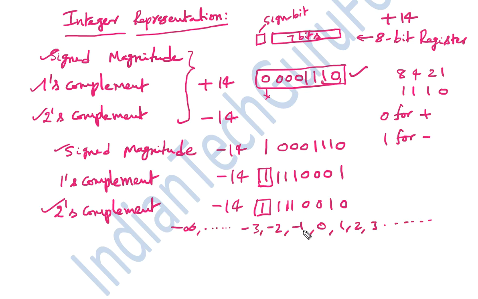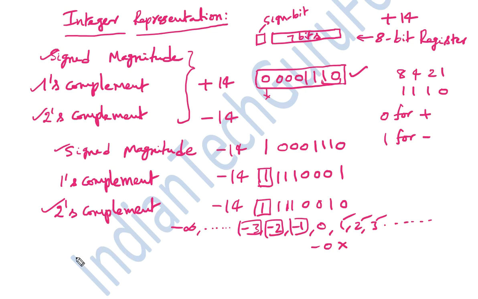If you observe, there is minus 1 and plus 1, minus 2 and plus 2, minus 3 and plus 3. However, there is no minus 0. Minus 0 is not valid. 0 will always be positive.